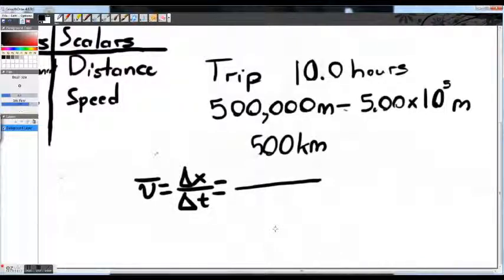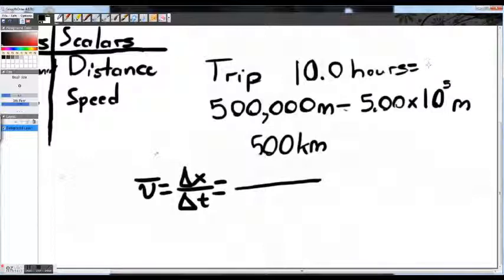So 10 hours is, of course, multiplied by 60 to get minutes, and by 60 again to get seconds. There are 3,600 seconds in 1 hour.